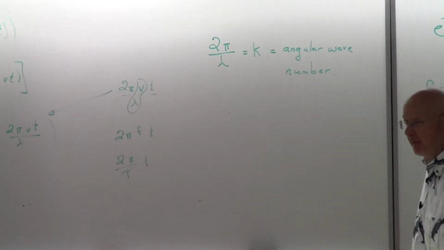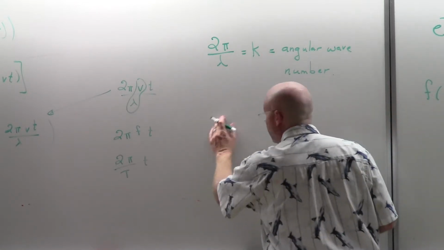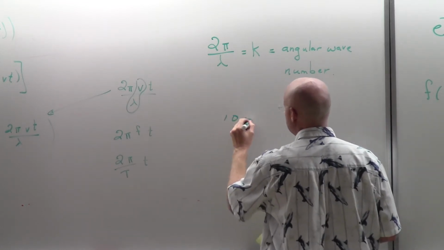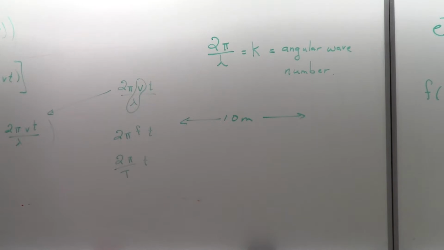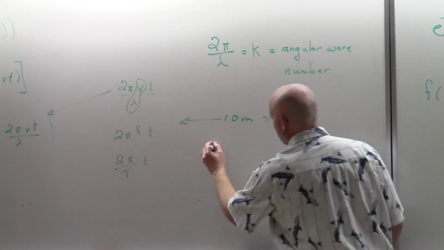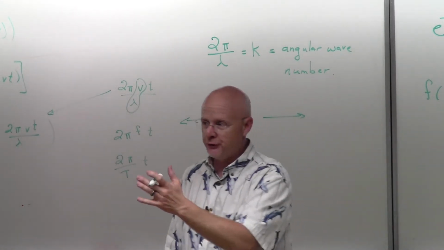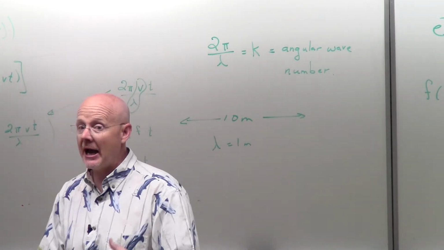Funny sounding name, but if you look closely at the math, hopefully it will make sense to you. If I were to tell you that from that door to that door, the distance is 10 meters, and I were to take a wavelength of 1 meter and ask you a very simple question, how many wavelengths could you fit in this room? You would say 10, but you would calculate it how?